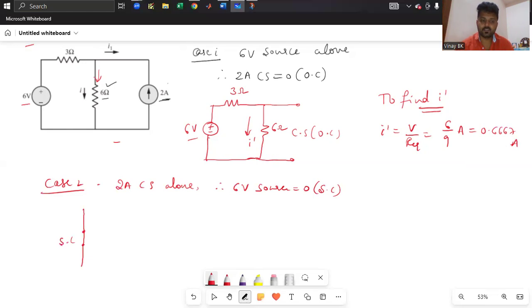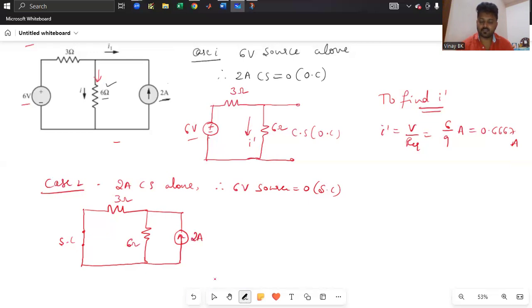The circuit looks like this: a short circuit, a 3 ohm resistor and a 6 ohm resistor, and you have the current source. Considering the direction of the current source, this is upward 2 amperes.